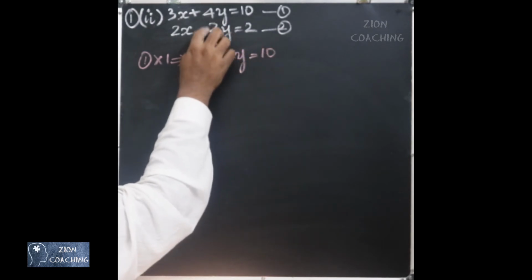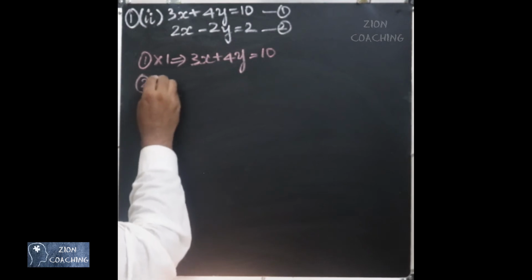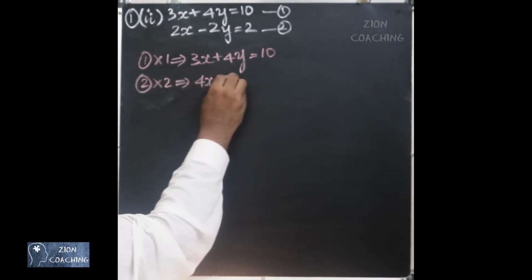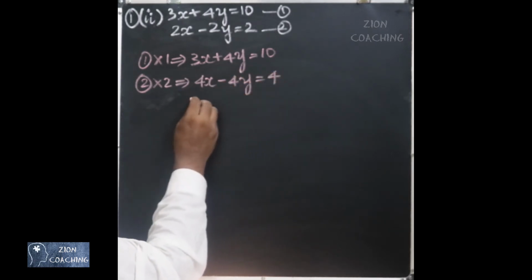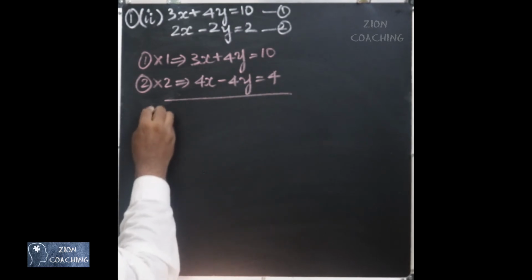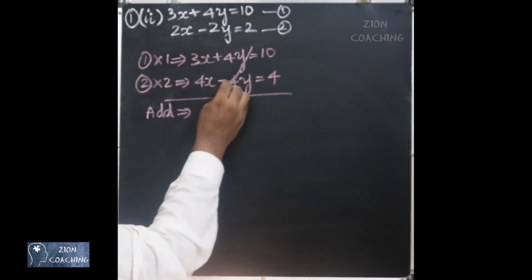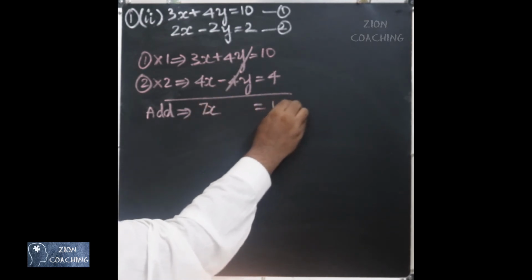To get the same values, I am going to multiply the second equation by 2. So we will get 4x minus 4y equal to 4. Now we are going to add both the equations. When we add, the y terms will get cancelled. So we will get 7x equal to 14.